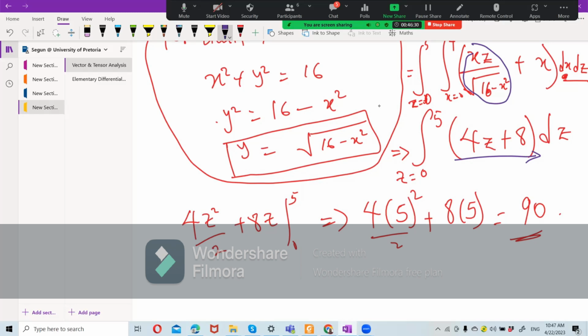You have this. It has the lower limit and upper limit. Substitute it, then you have 90. Any question? Silence means no question. Okay, let's proceed.